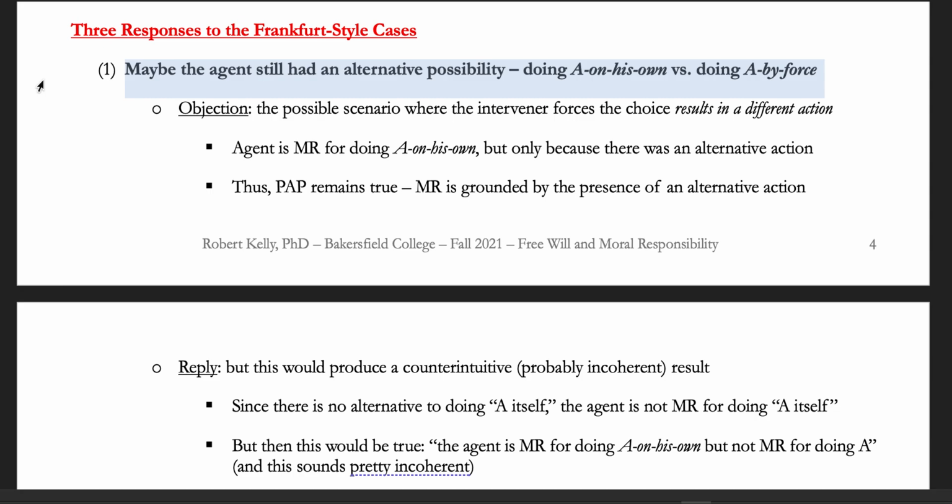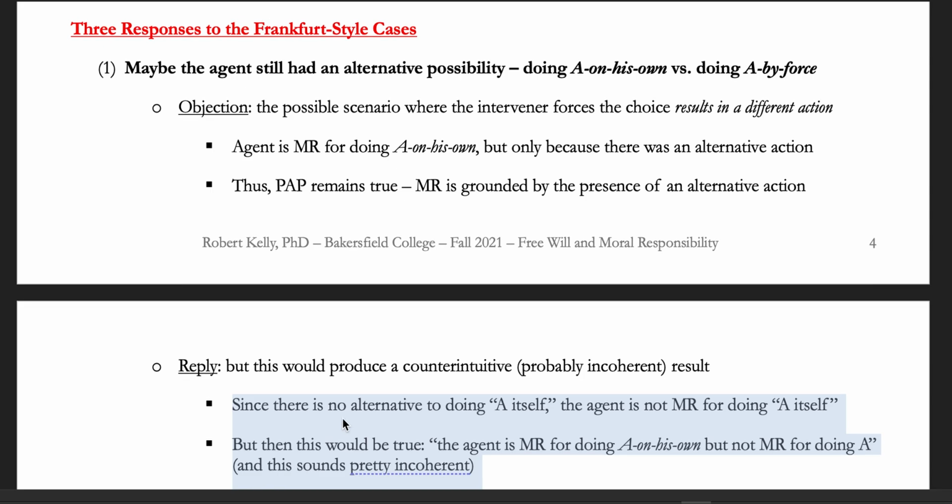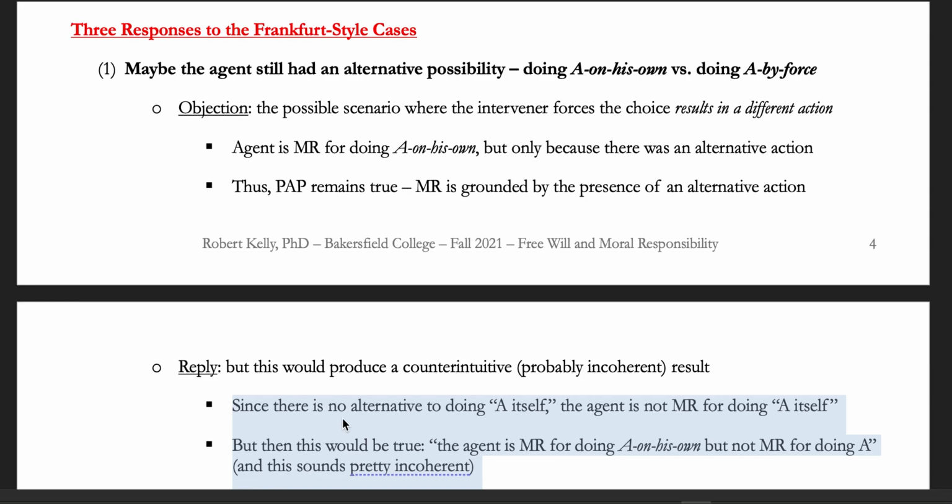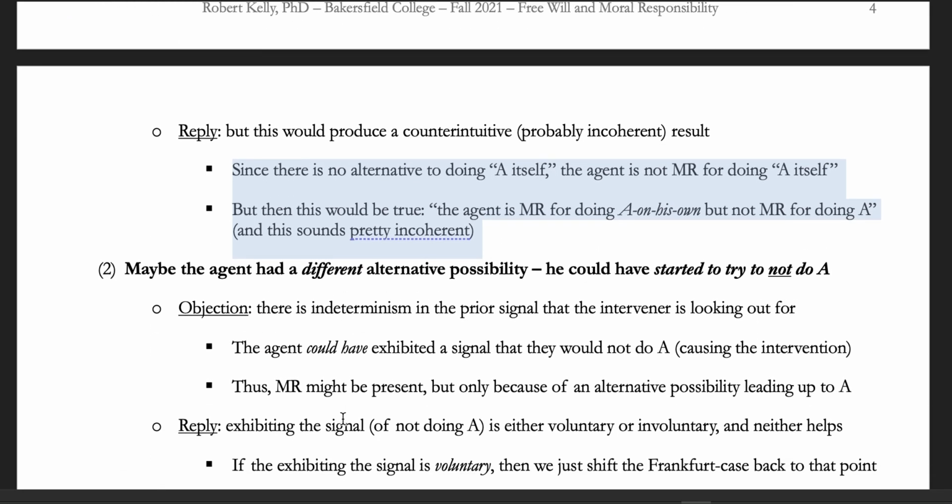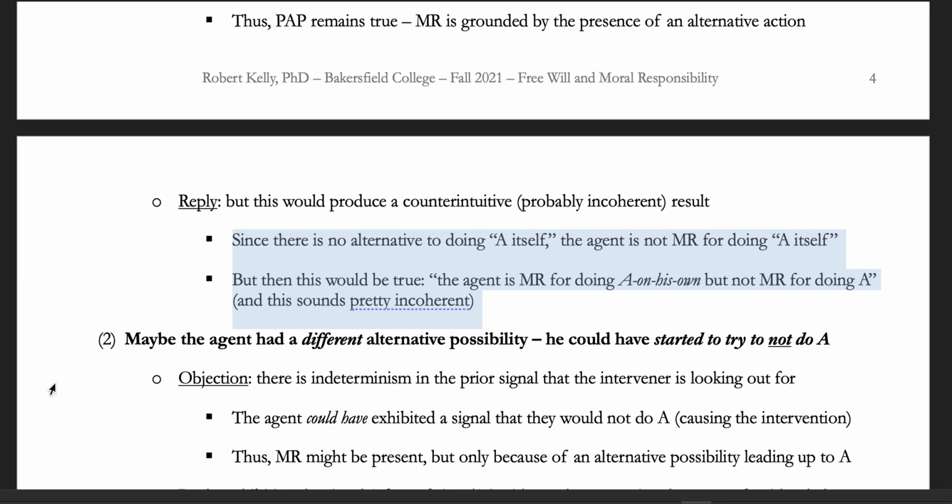It seems intuitive. Hey, maybe there is this alternative here. But that can't be the right one. The alternative is not A on his own versus A by force. Because if it is, then you get this weird result where you're responsible for doing something on your own without being responsible for doing that thing. It just sounds very weird. So that objection maybe doesn't work.